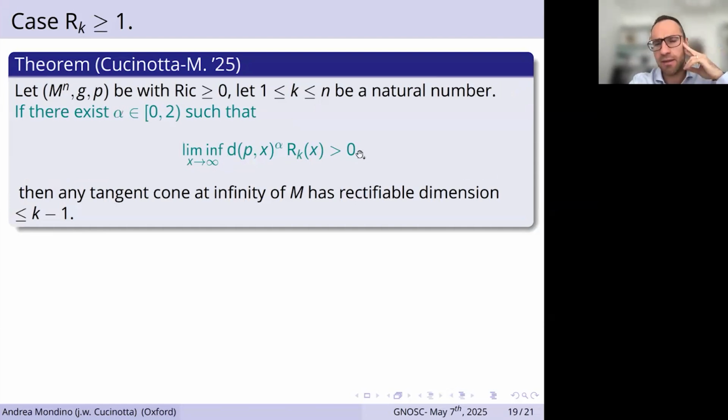So basically, this is saying that Rk is bounded below by a positive function which goes to 0 in a controlled way.